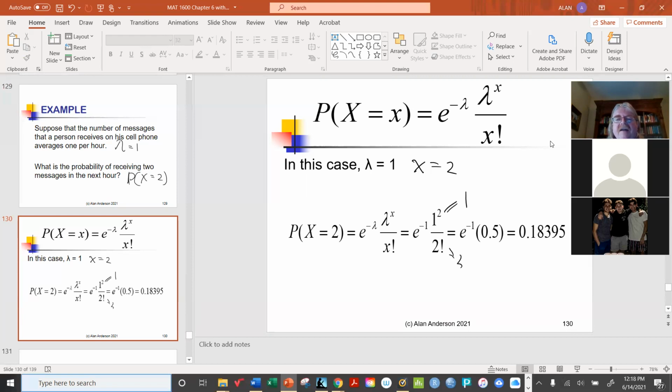So 1 over 2 is just a half. So you've got e to the minus 1 times a half. E to the minus 1, let me write this out separately, is 0.3678, roughly. And so half of that is about 0.18395.